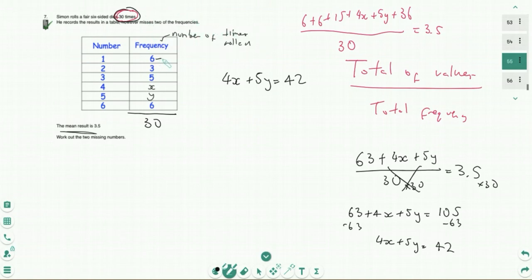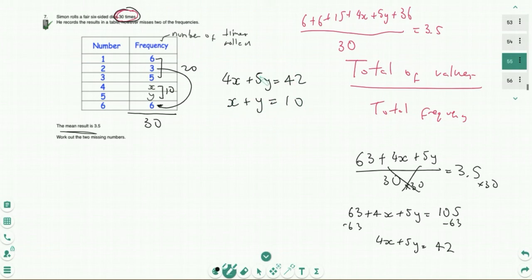Well, what do these numbers add up to so far? 6 plus 3 is 9, plus 5 is 14, plus 6 is 20. So I know these two must add up to 10, because 20 plus 10 is 30. So we can say x plus y must add up to 10.